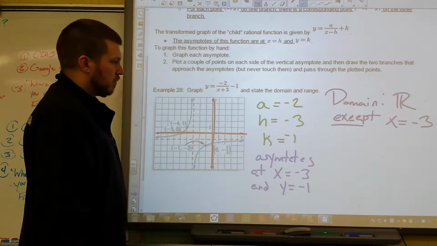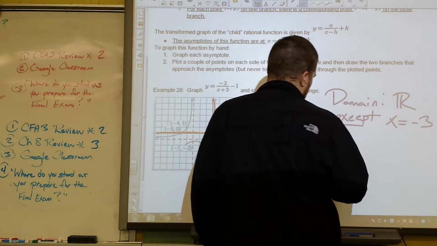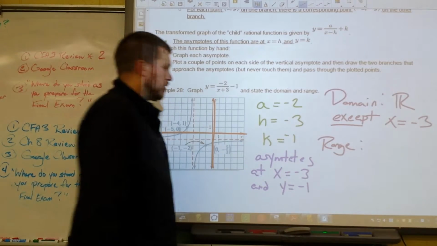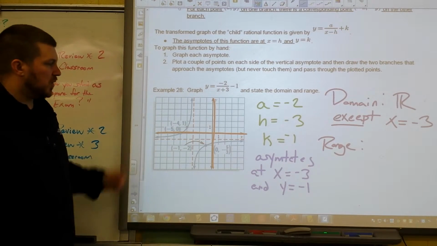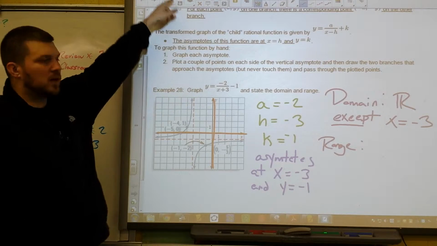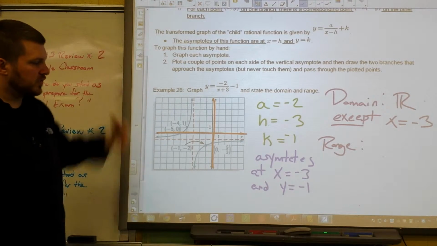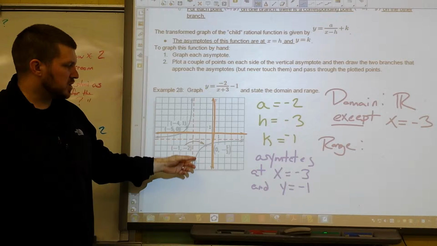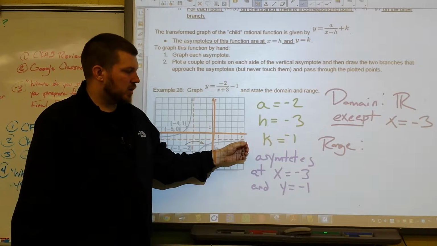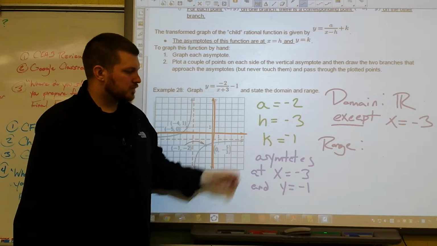Okay, now for the range, I'm looking at the y values of this function, or my output values. So for this branch, I look at the y values, and it's going up, up, up, up, up. No restrictions of going to positive infinity, that's fine. But I look at this branch, I'm going up, up, up, up, up, but I'm hitting this line, y equals negative 1. That's not good.